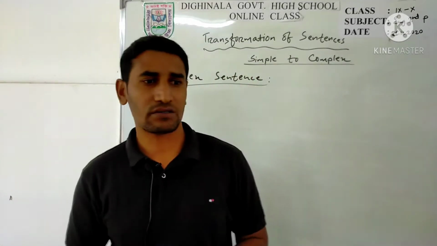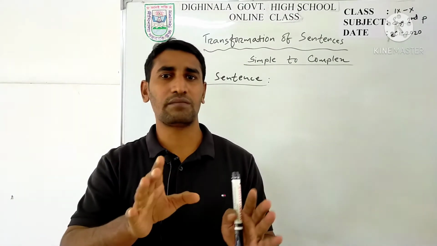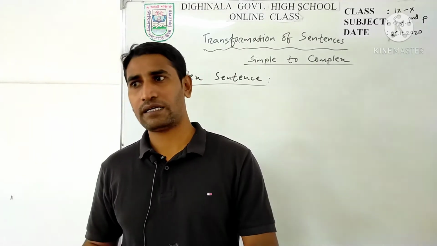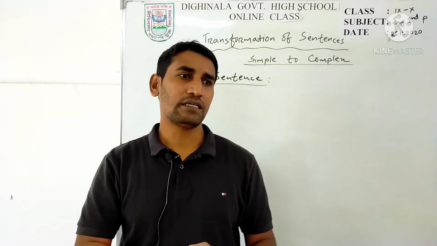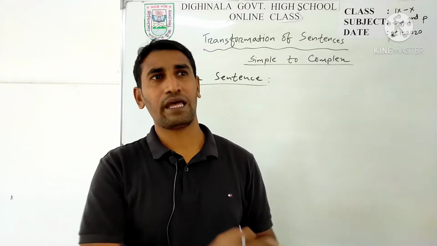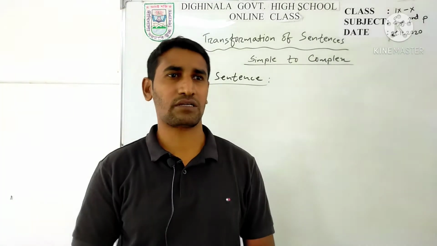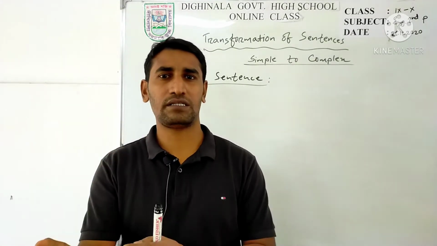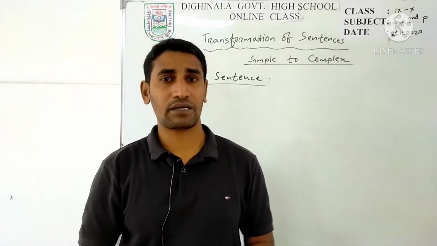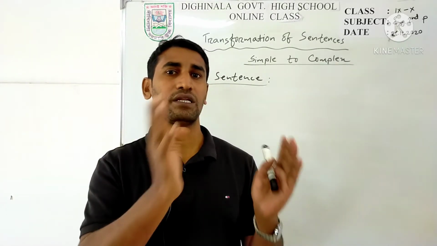If there are two clauses in a sentence, and clause means the part of a sentence, in Bengali it is called bakyangsho. If there is a principal clause and a subordinate clause in a sentence, and in that subordinate clause there are conjunctions like as, since, when, if, though, although, unless, this kind of conjunction, that is called subordinate clause.